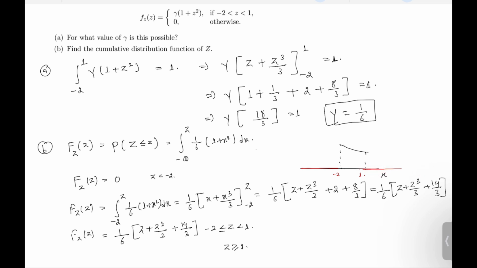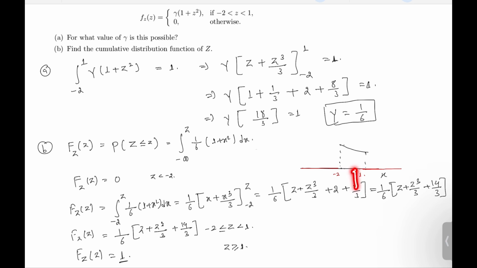So what we have done is we have accumulated all the probabilities. If we go beyond this point, we have accumulated all the probabilities, and the maximum probability that we can accumulate is 1, because beyond this point we have 0 probabilities, and whatever probabilities we had, we have already accumulated till here. So for z greater than 1, this CDF will be 1. If you want to find any probability in this range, you could take any point, let's call it small z.